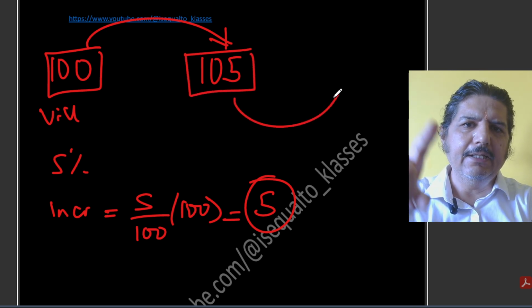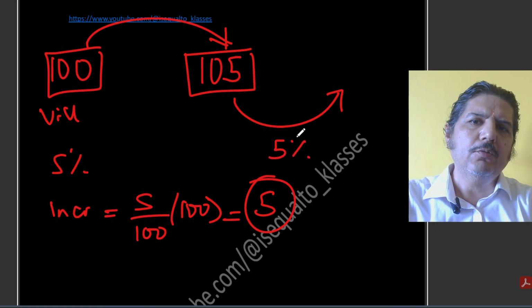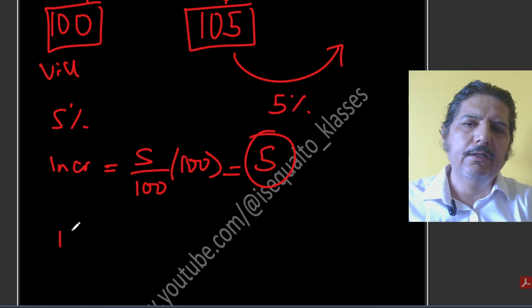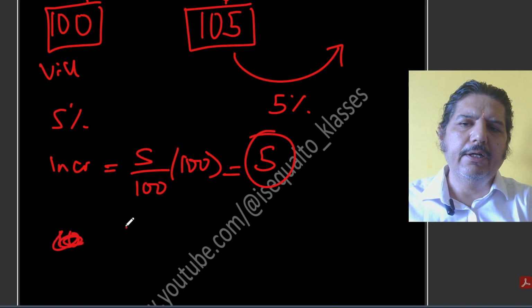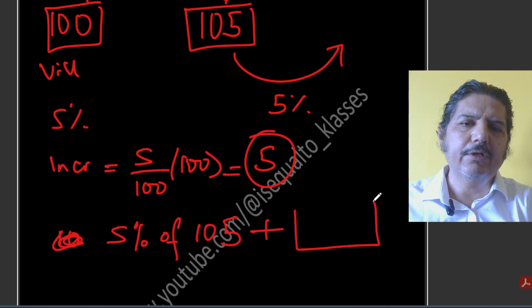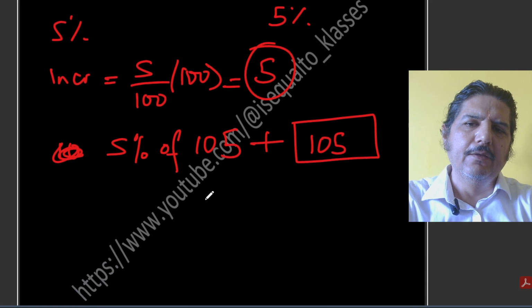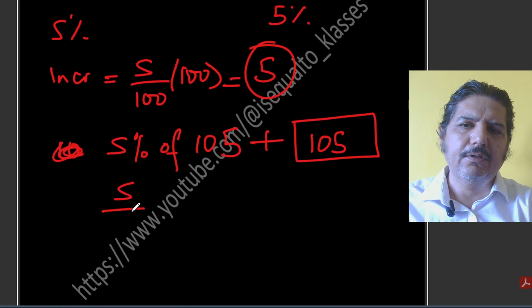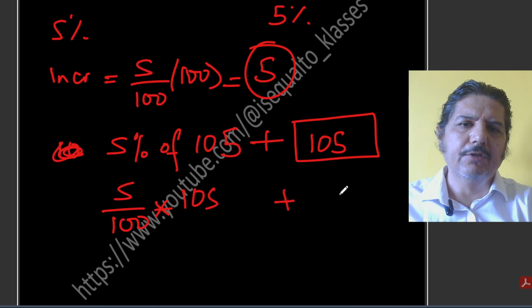Then again in the next year, the population will increase by 5%. So first we'll have to calculate 5% of 105, and then whatever be the answer, we'll have to add that to 105. So 5% of 105, how do I calculate? 5 upon 100 into 105 plus 105.